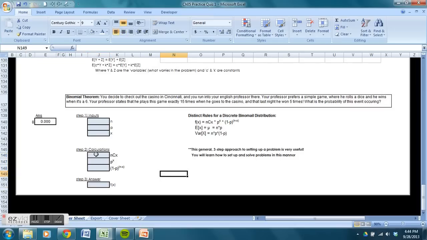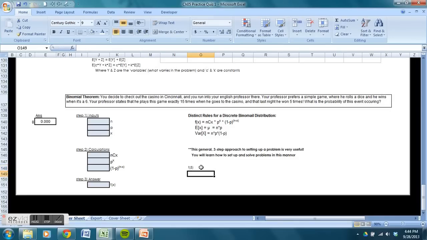And for me, I set up the calculation section in such a way that I'm looking for the probability that if the professor does this experiment 15 times, there's going to be success exactly 5 times. That's represented by f of 5 in a binomial.